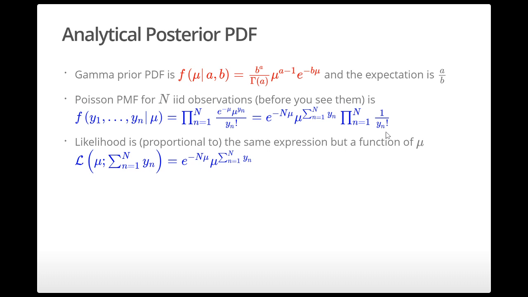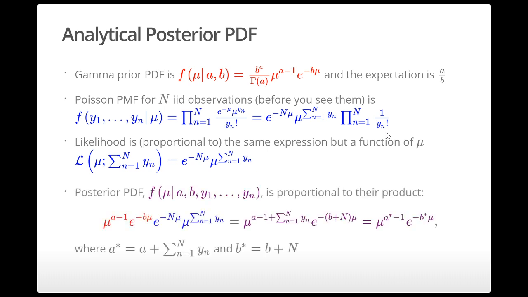But when we consider that same expression to be a likelihood function of mu, after we observe the data and we're only evaluating it at the data we observe, then we can ignore constants that only involve y and just keep the kernel that involves mu. And so we get a simplified expression for the likelihood function of mu.